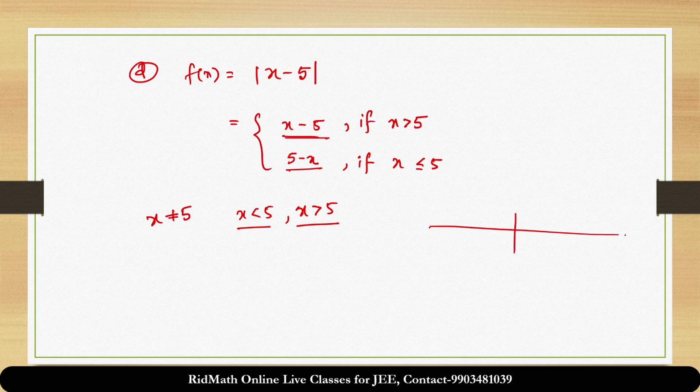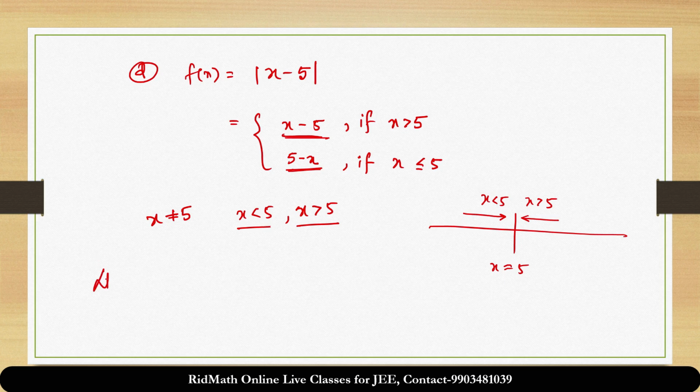But for x equal to 5, when we are approaching 5 from the left hand side, that means x less than 5, then the definition is 5 − x. And when we are approaching 5 from the right hand side, that means x greater than 5, then the definition is x − 5. That is, we have to check the continuity of this function at x equal to 5, because for x equal to 5 we have two different definitions.